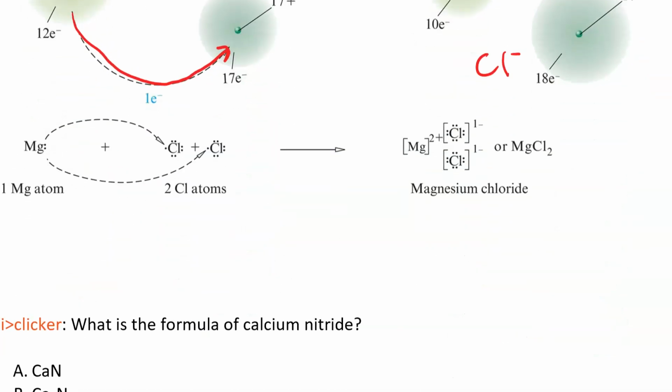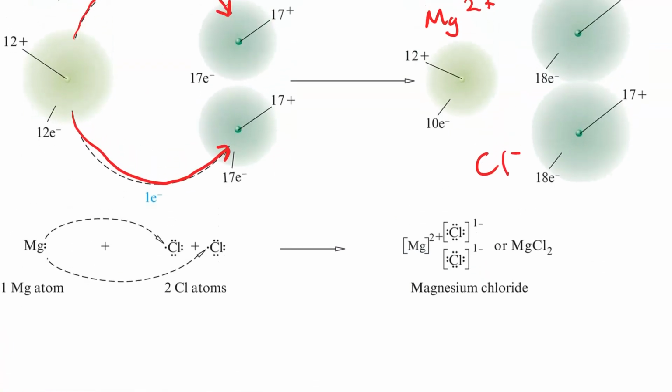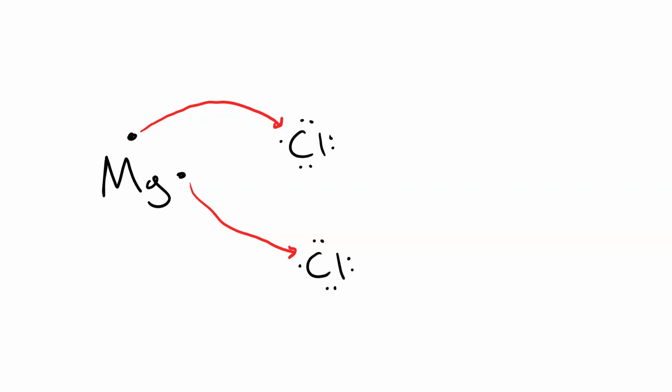If we want to look at it in terms of Lewis symbols, here's a magnesium Lewis symbol with its 2 valence electrons. Here are the chlorines. Each one has 7 valence electrons. So each chlorine really wants 1 electron. The magnesium gives 1 electron to the first chlorine, gives the other valence electron to the second chlorine. And now the Lewis symbols for the ions have brackets.